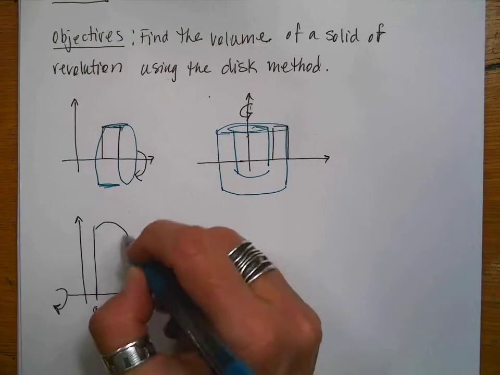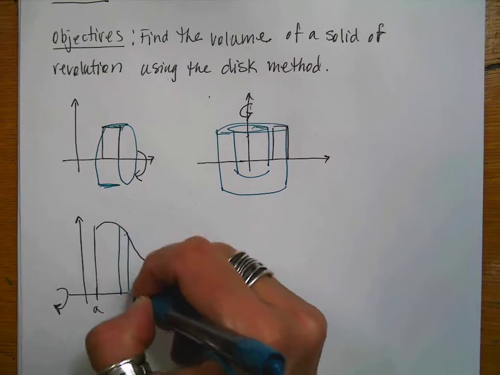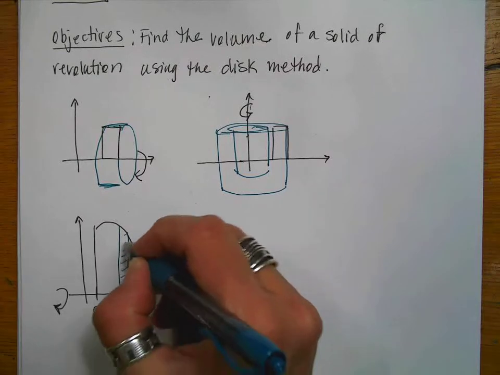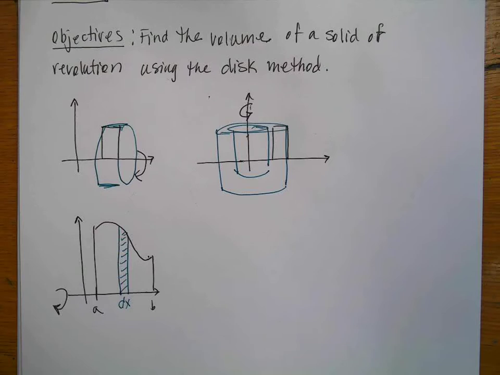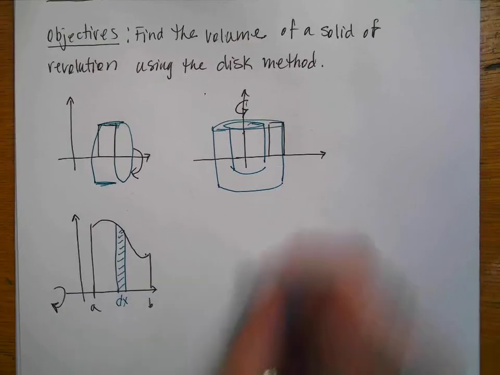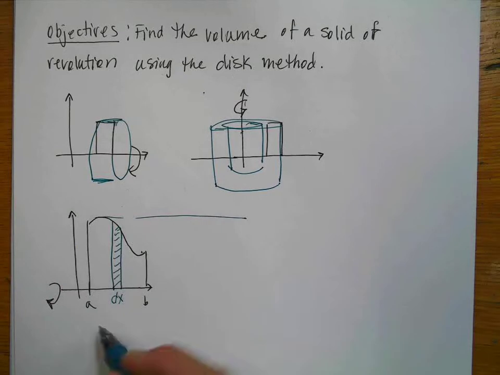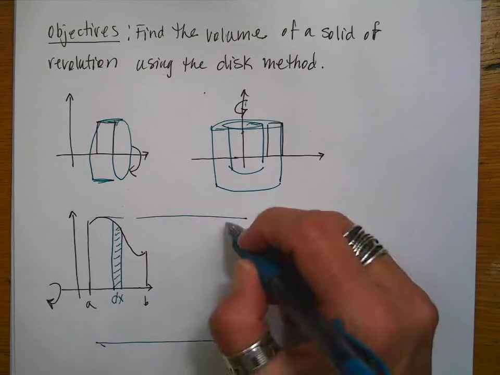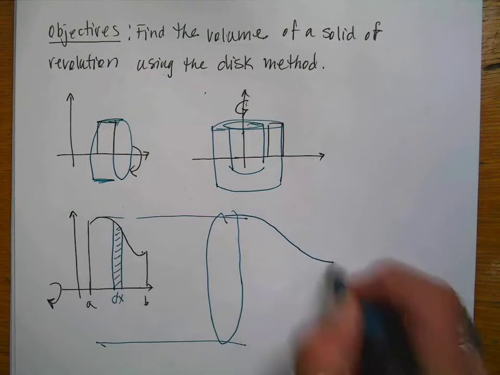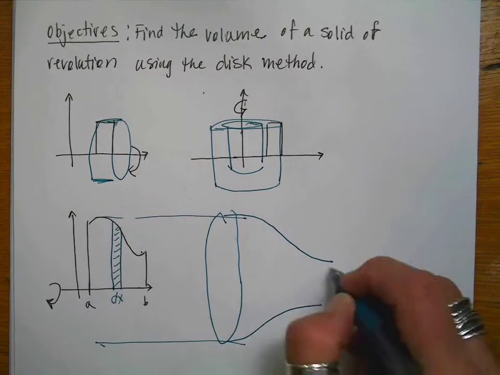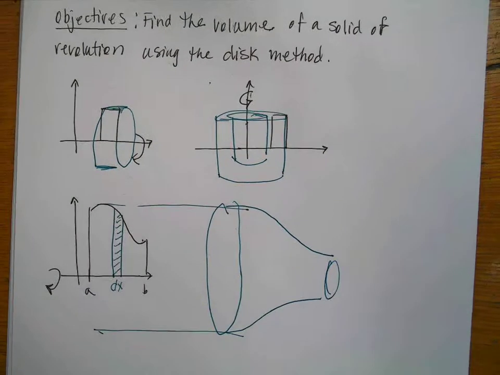So I'm just going to add some information to our drawing before I try to sketch it. Notice that I would have a dx, which is going to be important because I'm revolving it about the x-axis. And on this one, let me give myself some parameters. Here's going to be the base, and then here's the curve, and it's going to create a vase. That's kind of cool looking.